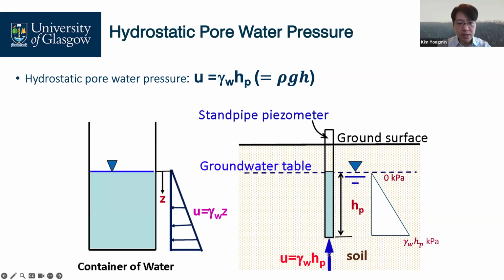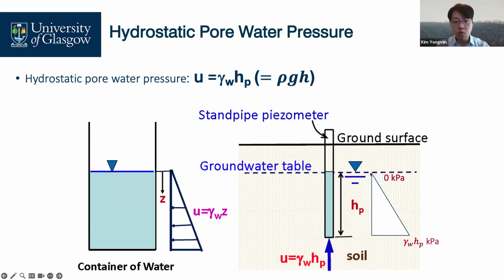This water pressure acts at the bottom of our standpipe, which is gamma w times water depth. This shape is always triangular. Here the pore water pressure is 0, because 9.81 times 0 meter.